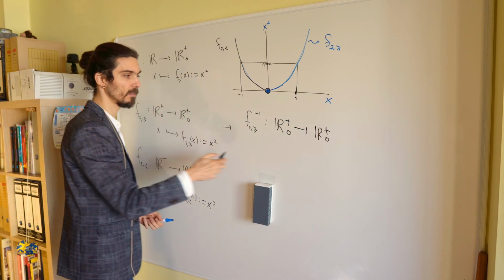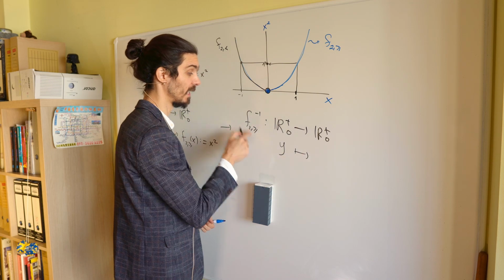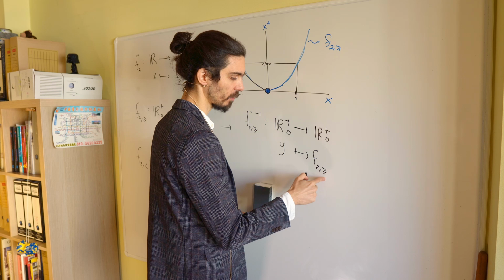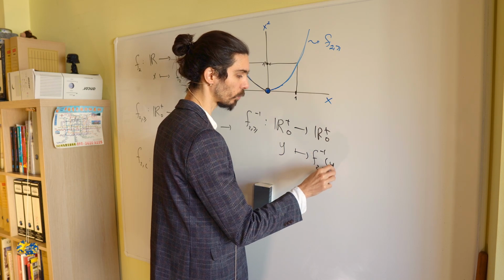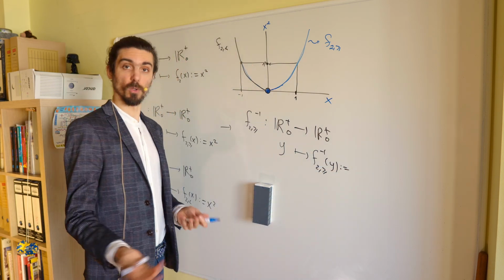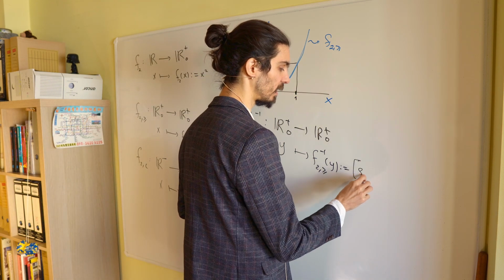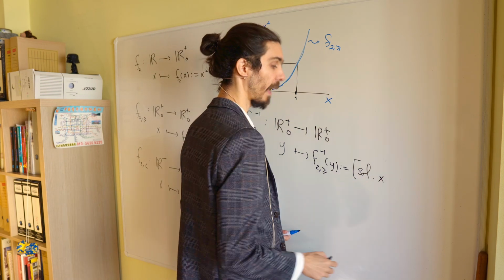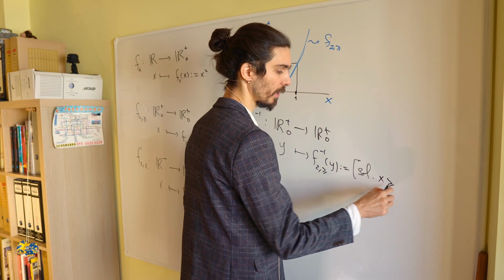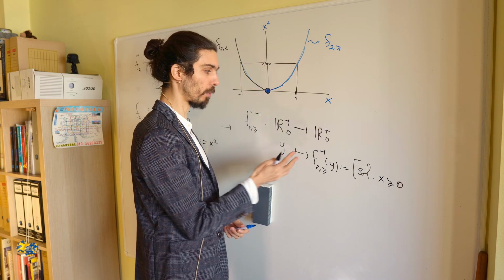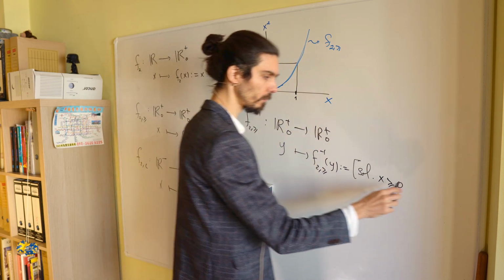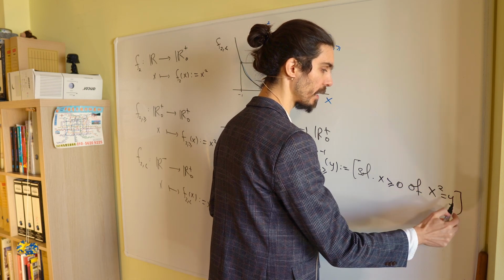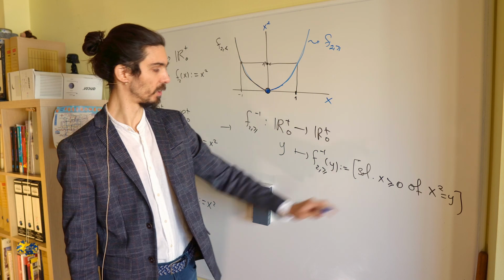And the elements here, let me call them y, the input of this function, is going to be assigned to f_2 greater or equal minus 1 evaluated at y, and by definition, as we have already seen, this is the solution x greater or equal to 0, so positive, you want positive solutions here, of the equation x squared is equal to y. Y is the input here. So this is by definition.